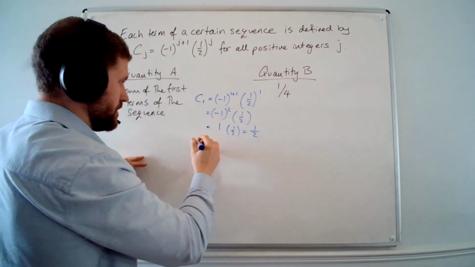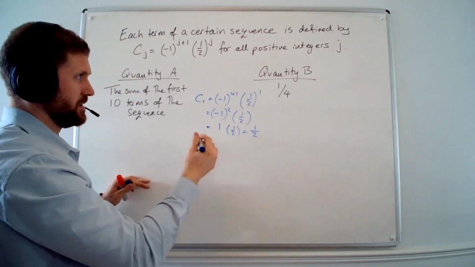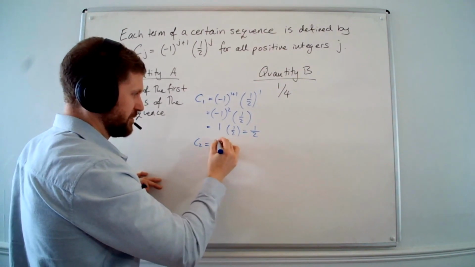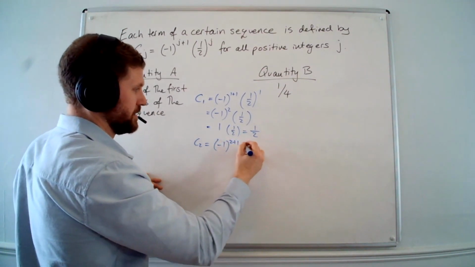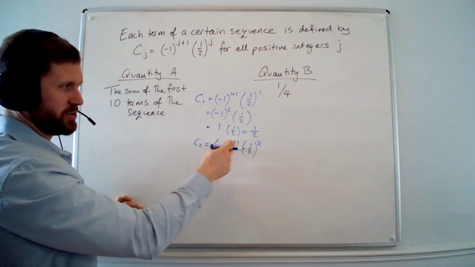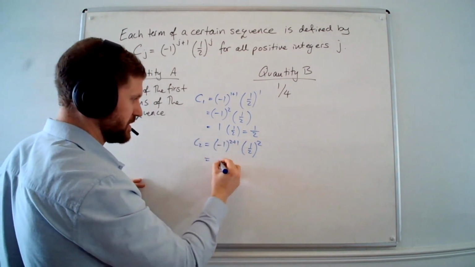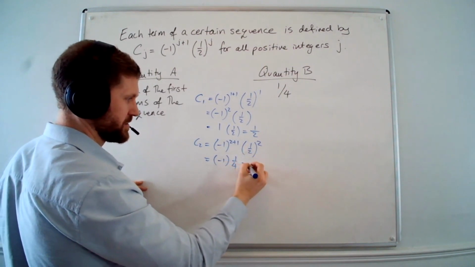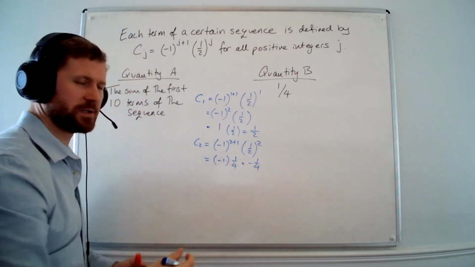Second term, and hopefully we'll begin to see the pattern in a second. Again, replacing j with 2, I'm now going to have -1 to the 2 plus 1, times a half squared. So 2 plus 1 is 3, -1 cubed, I'm back to -1. A half squared is a quarter, so the second term is going to be -1/4.